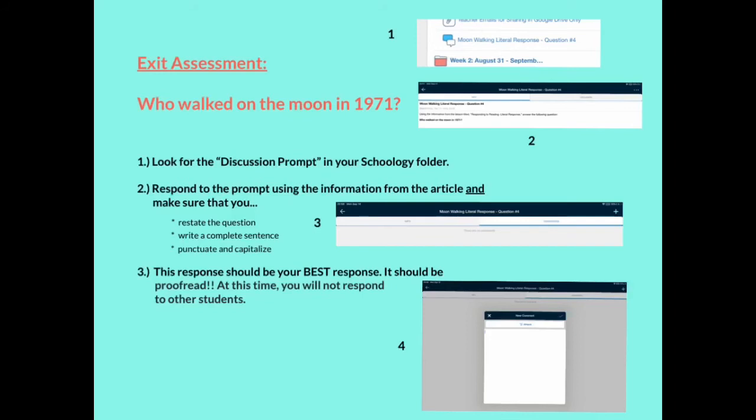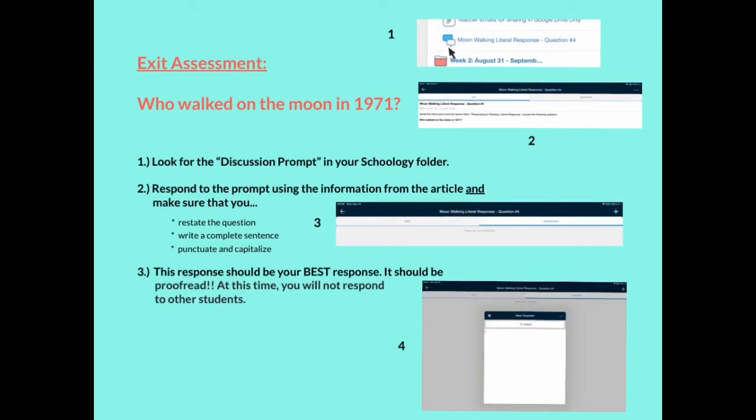Then you are going to answer this question in the form of a discussion prompt, which we haven't done yet this year, but I'm going to give you some direction on right now. There is going to be an assignment in your Schoology folder, and it's going to say moonwalking literal response question number 4. You've got some little chat bubbles next to that.